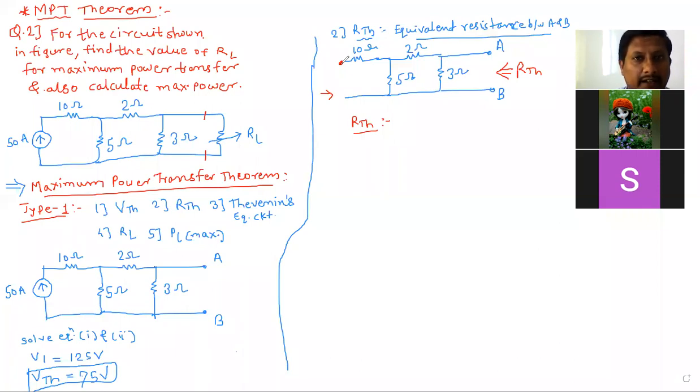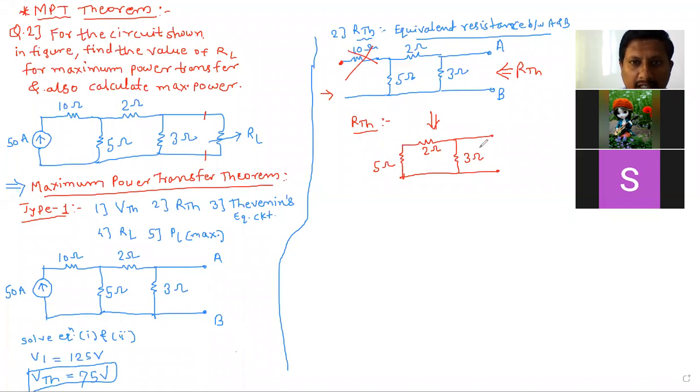It is not connected anywhere. So we cannot consider 10 ohm. So the simple circuit will be only this much. This is 3 ohm, this is 2 ohm, and this is 5 ohm.